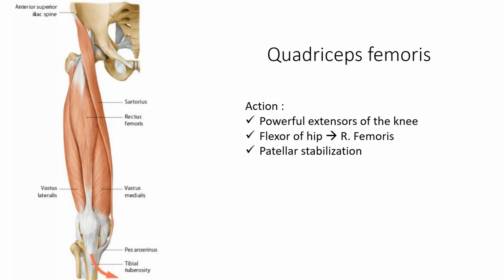This causes destabilization of the patella, and the patellar stabilizer is only the lowermost fibers of the vastus medialis, which originate from the adductor magnus and the medial supracondylar line. These fibers run horizontally, and they are the most important fibers for stabilization of the patella. If that is weakened, there will be destabilization of the patella.